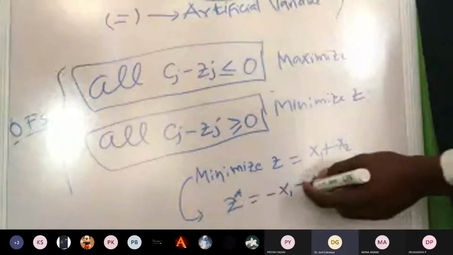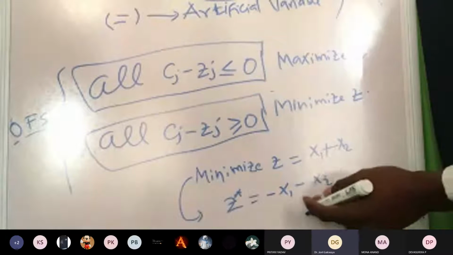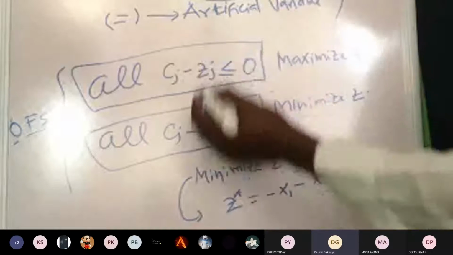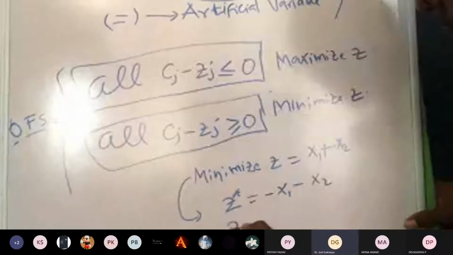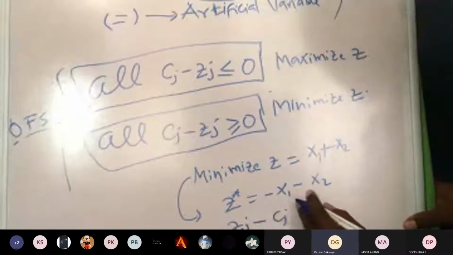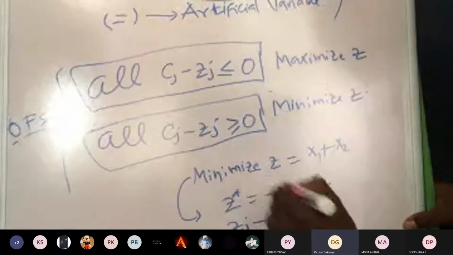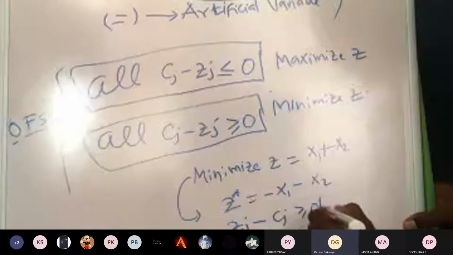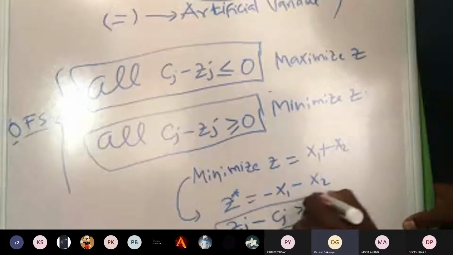In this case you will do the inverse: you will use Zj minus Cj, which should be greater than 0 for the minimized case.